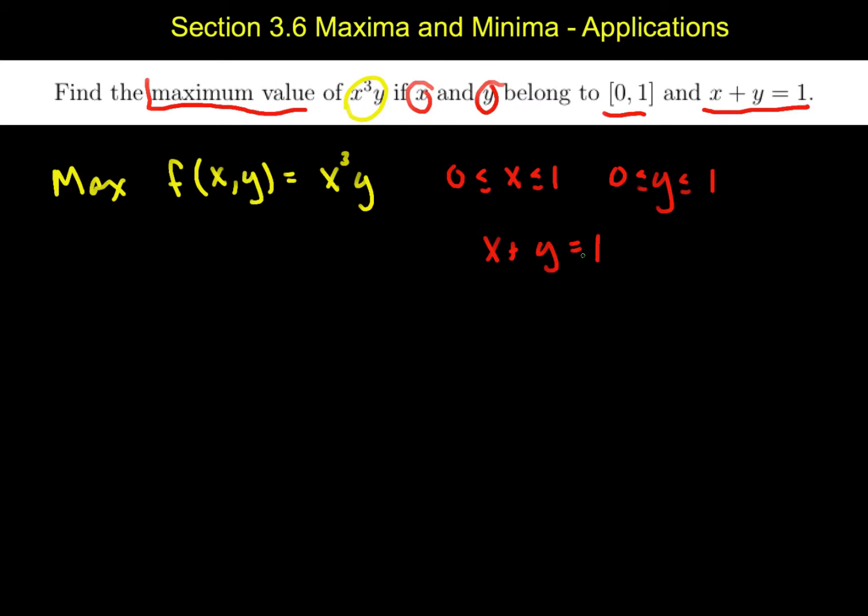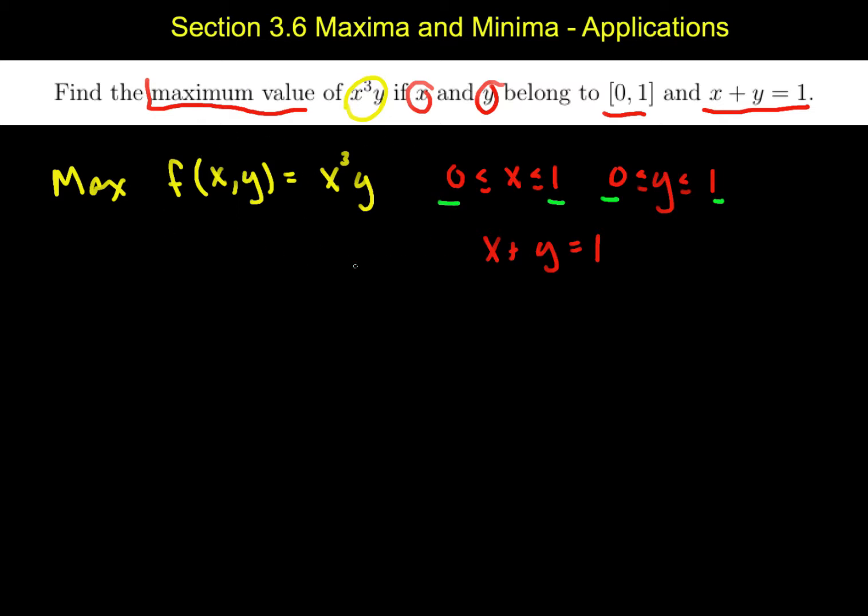Well, since we're maximizing, we know we're going to be looking for critical values as well as boundary points. We've got our boundary points here: x is bound between 0 and 1, and y is bound between 0 and 1. But again, we've got way too many variables.